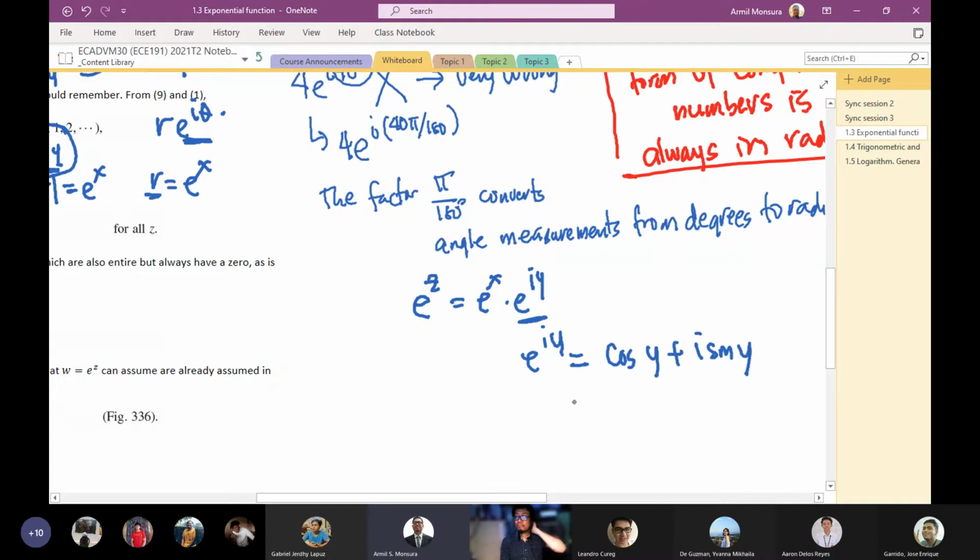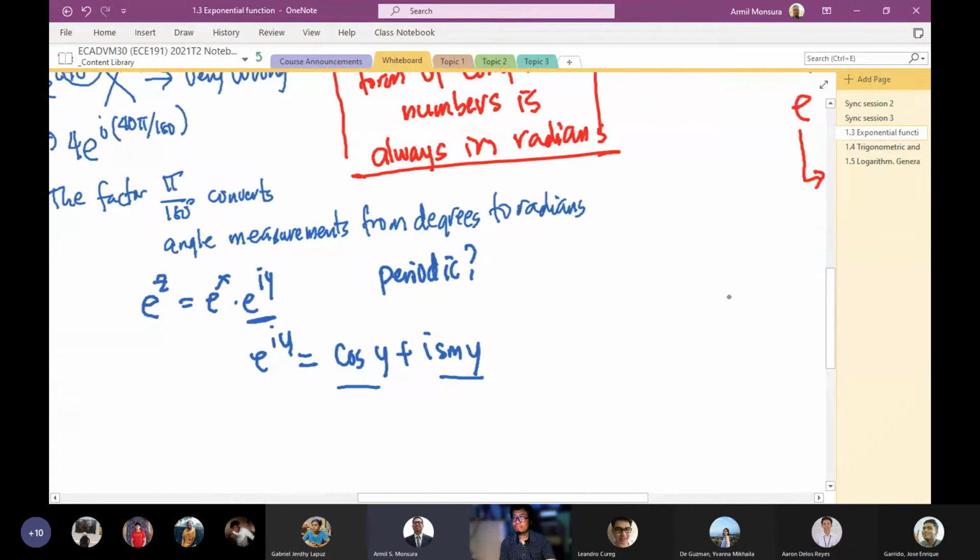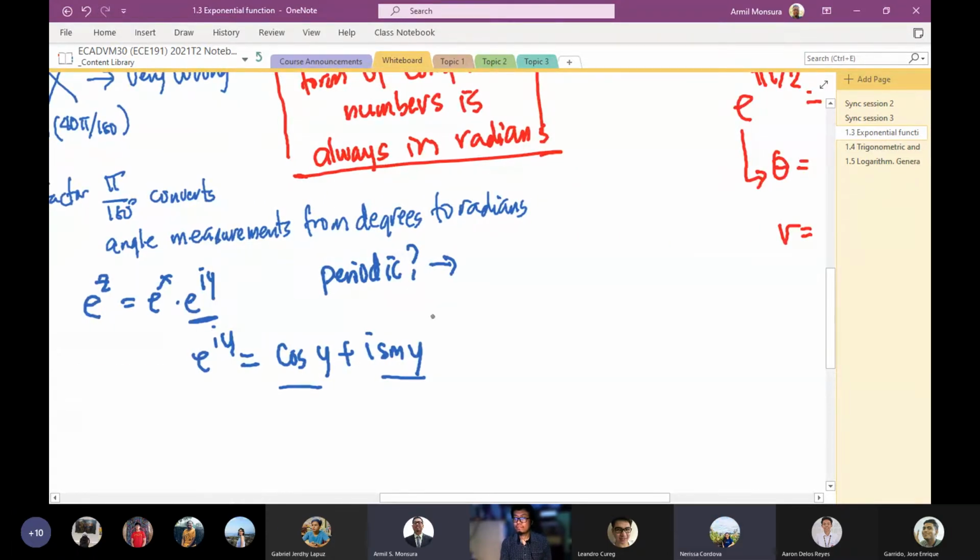Now here's the thing. Since both cosine and sine are periodic functions, what do we mean by periodic functions? Or what do we mean by something that is periodic? Anyone? Fix po ba, sir, yung interval pag periodic? Sige, fixed.